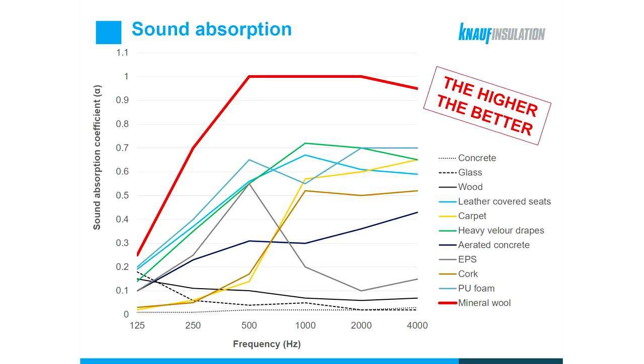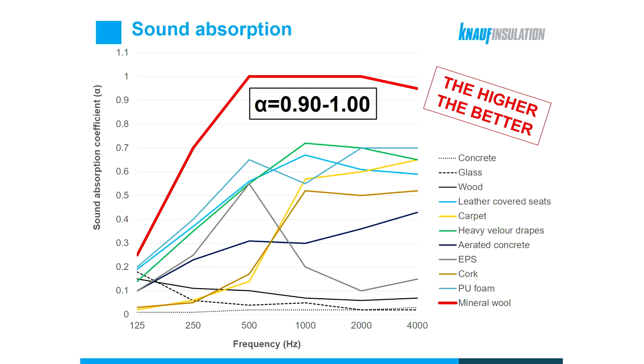So thanks to the open pore structure, it's evident that mineral wool has a superior sound absorptive performance if we compare it to these other materials, because these materials have more closed structure of the pores. And now we are reaching an alpha value, a value of sound absorption of around 0.9 to 1.